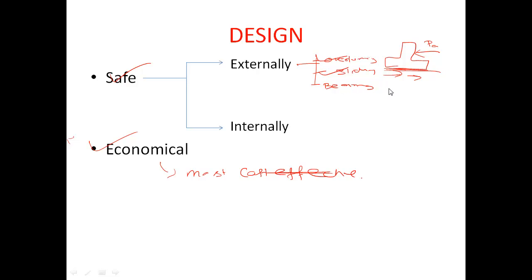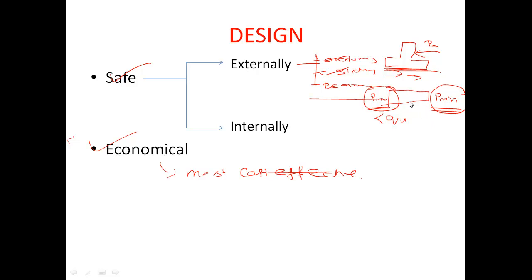It should be safe against bearing pressure. In the last video we saw that vertical pressure is developed in a trapezoidal fashion. The maximum vertical pressure is developed at the toe region and the minimum at the heel region. The maximum vertical bearing pressure should be less than the bearing capacity of the soil, and the minimum vertical pressure should not be tensile in nature.